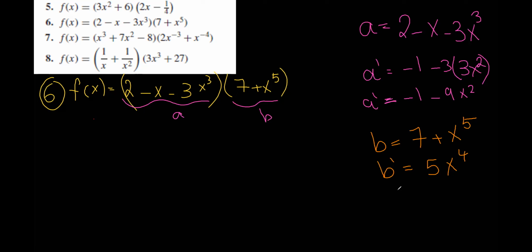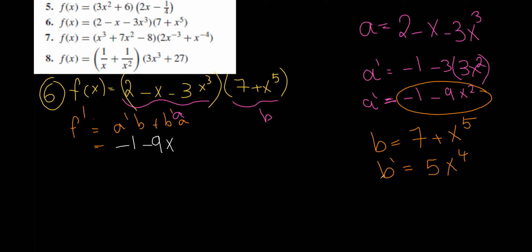After that, f prime is A prime B plus B prime A. Where is A prime? It is this one: negative 1 minus 9x squared, times B. Where is B?